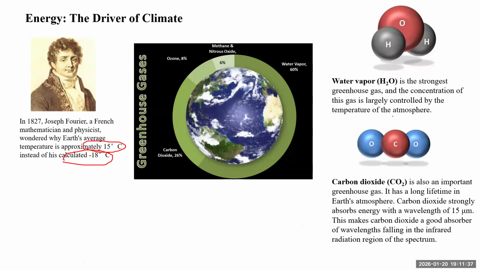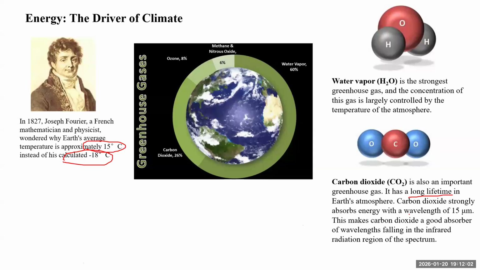Then carbon dioxide, in fact, comes as the second most important greenhouse gas. One reason, compared with methane, is that it has a long lifetime in Earth's atmosphere. Okay, and later we will let you know about carbon dioxide.